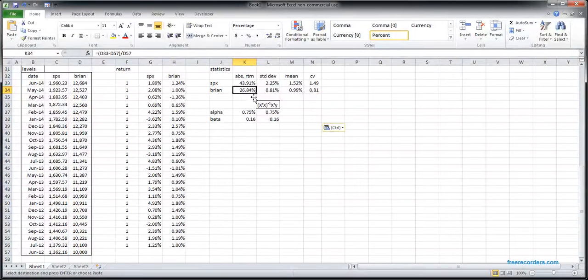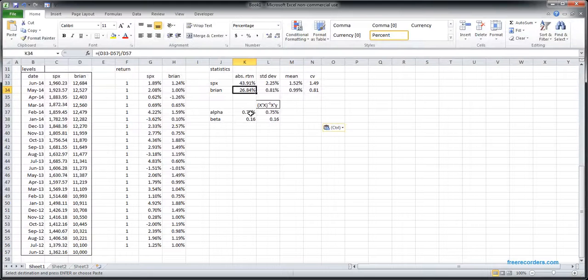So on the surface it looks pretty bad, right? But if you look at the volatility, we had a lot less volatility than the market. And this is unusual to have such low volatility, but it's not impossible. Our average return per month was much lower, but when you look at the coefficient of variation, having less than 1 unit of risk per unit of return is pretty good.